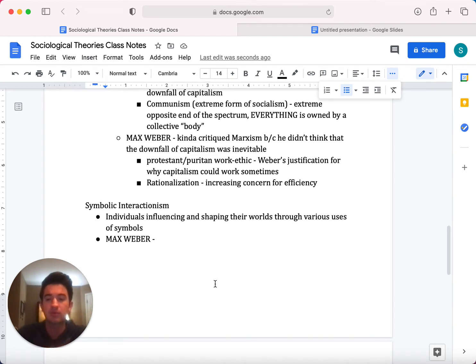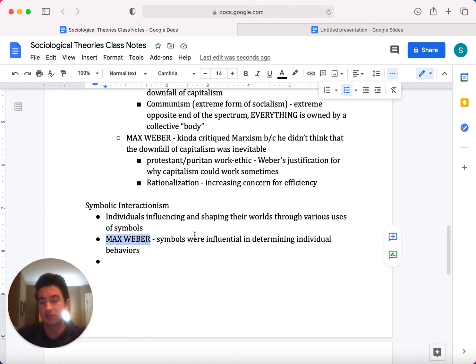Weber said that symbols were influential in determining individual behaviors. He gave out this theory that symbols were super important for determining how individuals or small group dynamics go. Weber wasn't necessarily a symbolic interactionist, but this idea laid the framework for symbolic interactionism as a sociological paradigm.